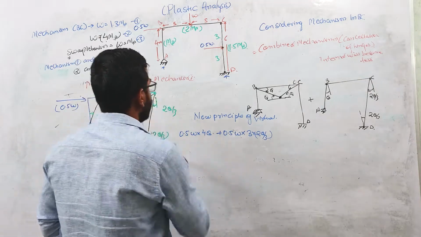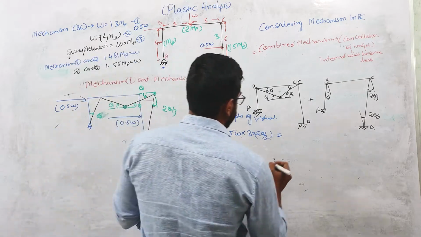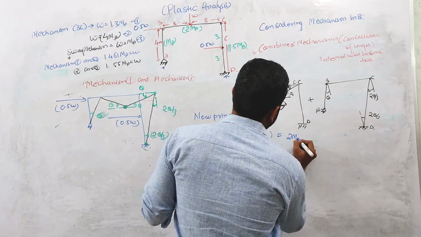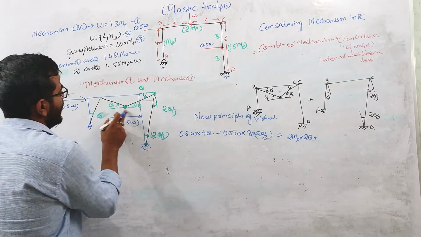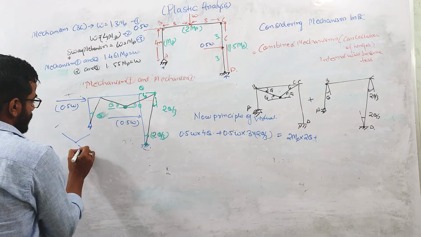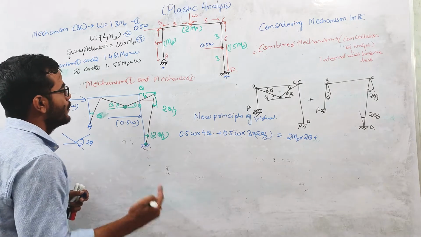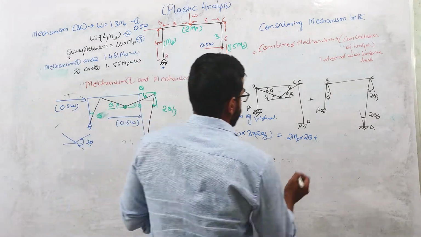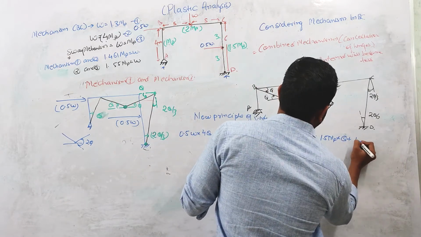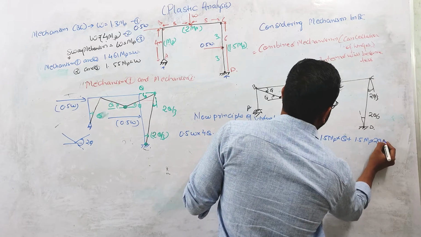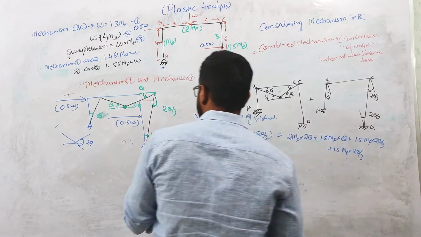Now the internal virtual work done will be 2 MP into 2 theta, because the net rotation is 2 theta. I can separately write 2 MP into theta, plus 1.5 MP into theta, plus 1.5 MP into 2 theta by 3, plus 1.5 MP into 2 theta by 3 at this D point.